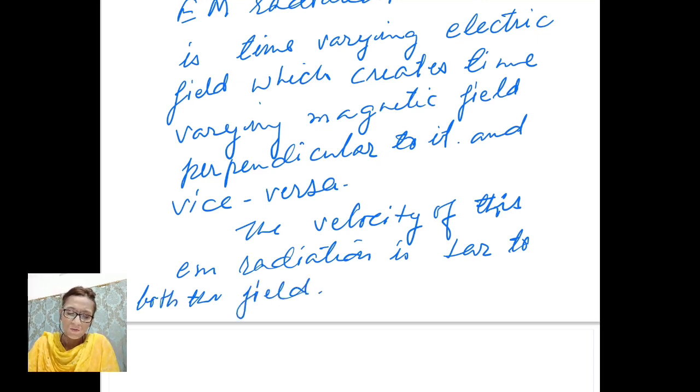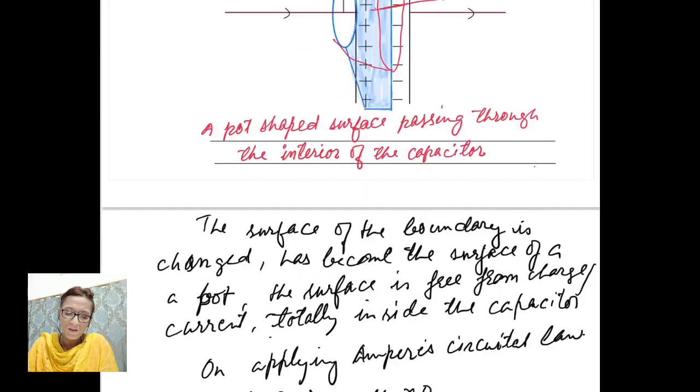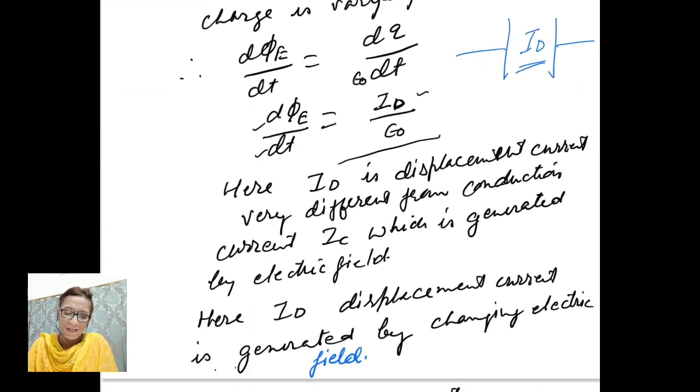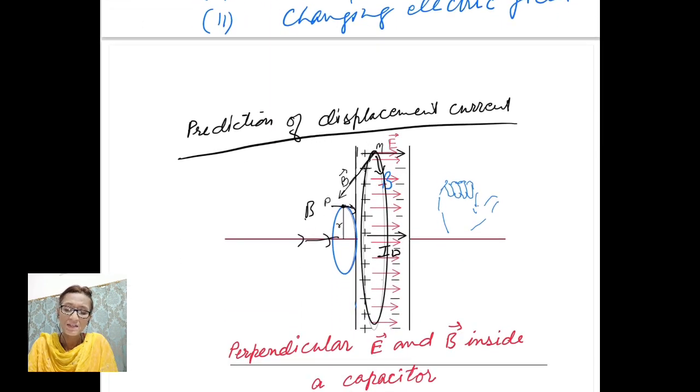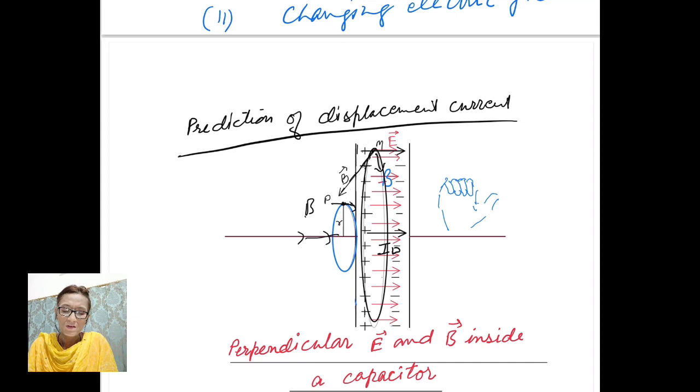Now, the justification of the prediction of displacement current. The prediction of displacement current can also be proved, because when you find the magnetic field outside this capacitor by a very sensitive device, here you have the magnetic field due to Earth's magnetism and due to this current flowing through the wire.